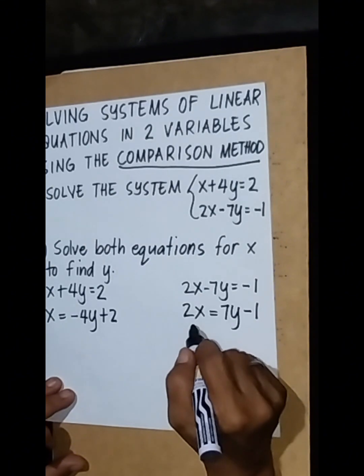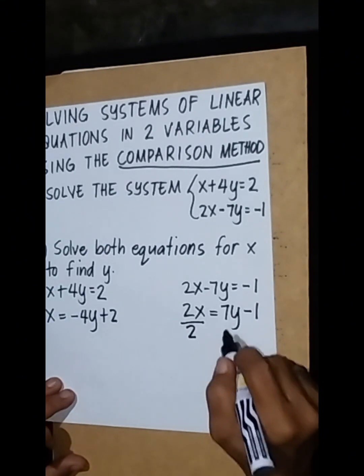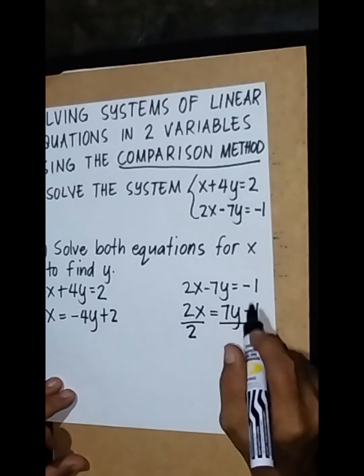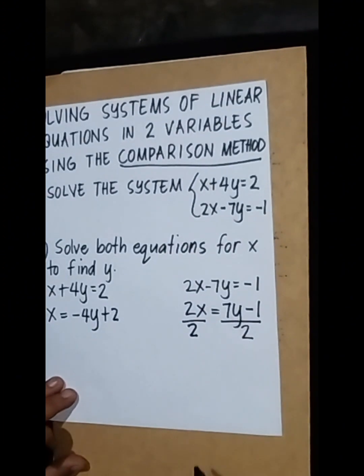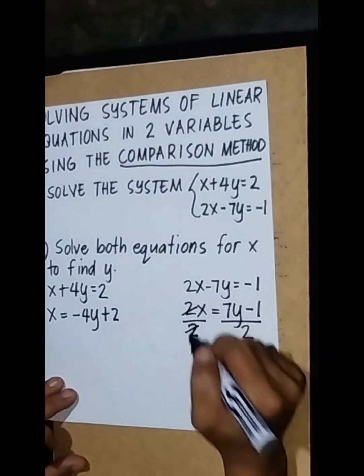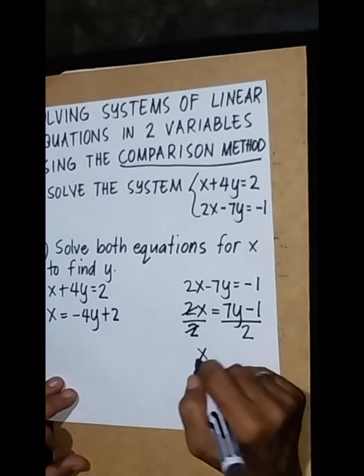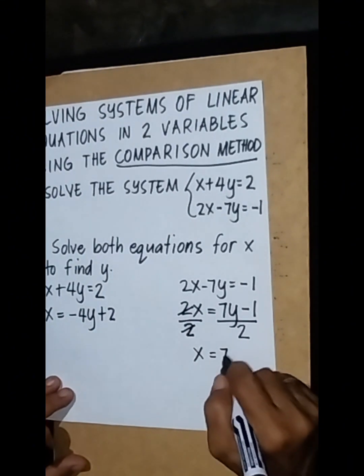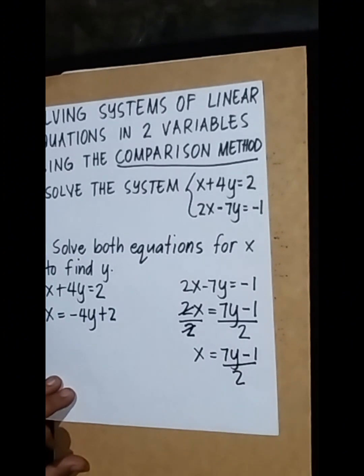So para magiging 1 po itong 2, so we have to divide 2x by 2. Also, we divide 7y minus 1 by 2. So, 2 divided by 2 is equal to 1. So, 1x or x is equal to 7y minus 1 over 2.